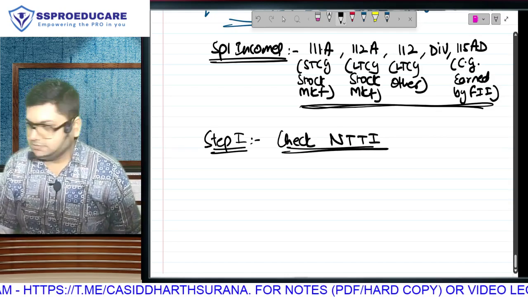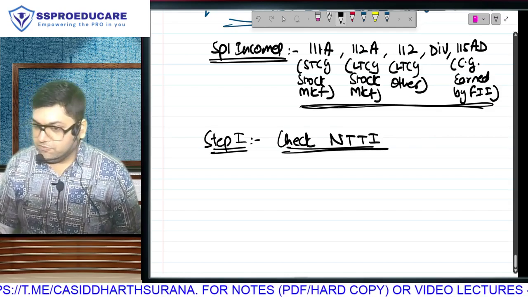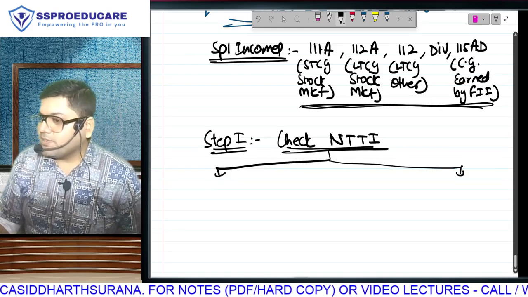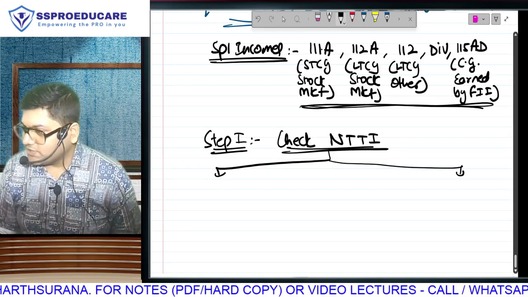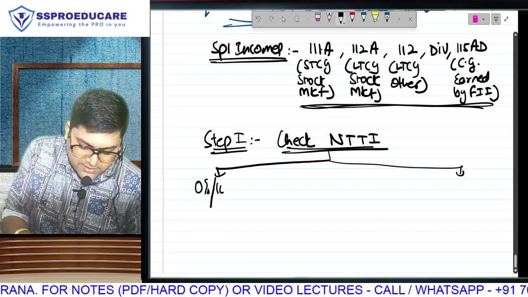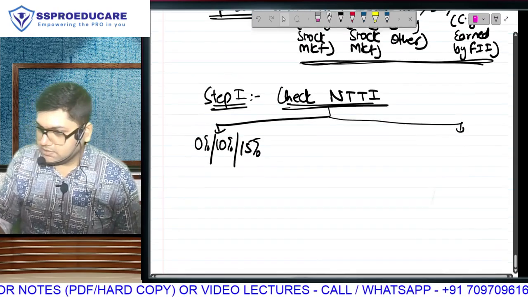Check entity. Following are the possibilities. On the basis of your NTTI, we come to know that NTTI is less than or equal to 2 crore. Means your surcharge is coming to 0%, 10% or 15%.